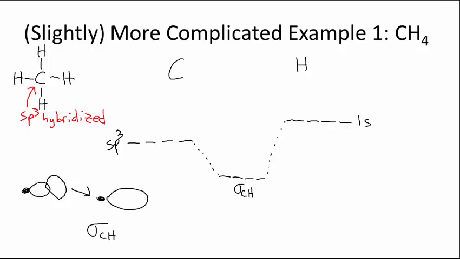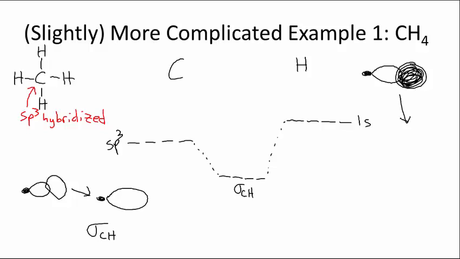I could also combine them out of phase. So I could put them together like that. That's going to make an antibonding orbital.